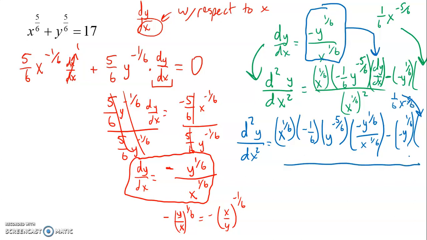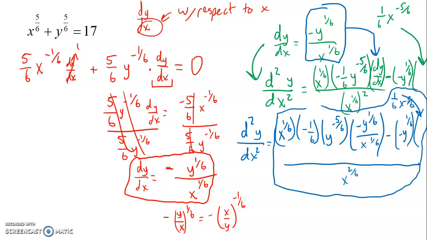And then that whole thing over x to the 1/6 squared. You can either leave it like this, or write x to the 2/6, or x to the 1/3. Any of those is fine. This is a really ugly problem. Don't simplify it. You don't have to. Type this into Math Excel, and it will tell you if you've done it correctly or not.